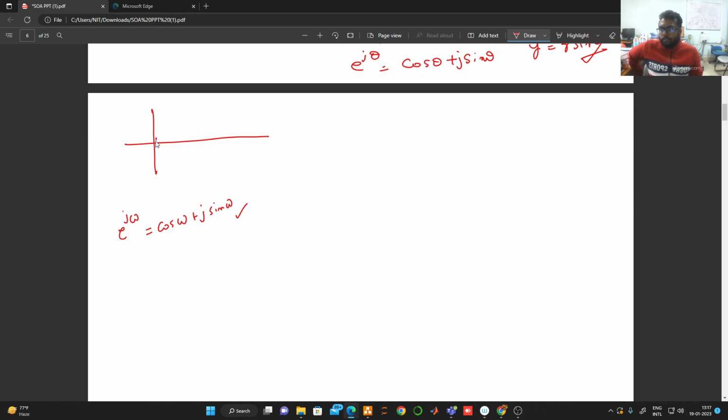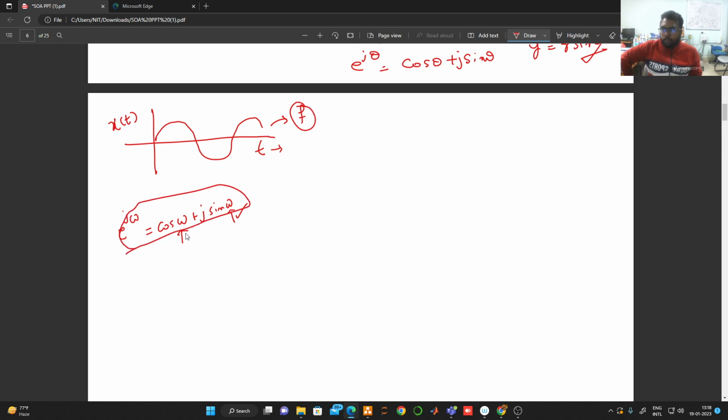If you have a pure sine wave of some frequency, say f, and given the signal x of t, I want to know the major frequencies the signal consists of. It is difficult to understand because f will not be given to you. So for that purpose we take the help of Euler's formula.